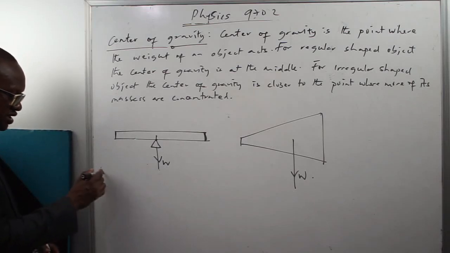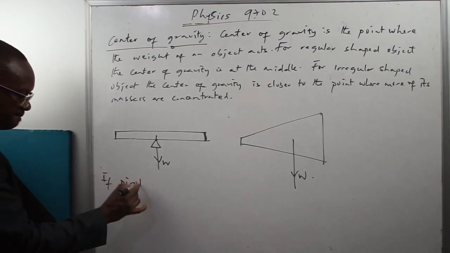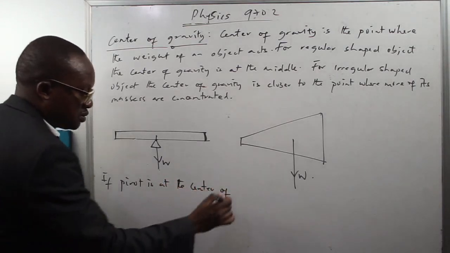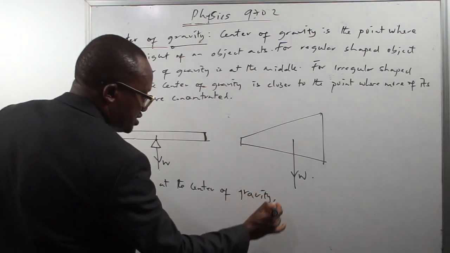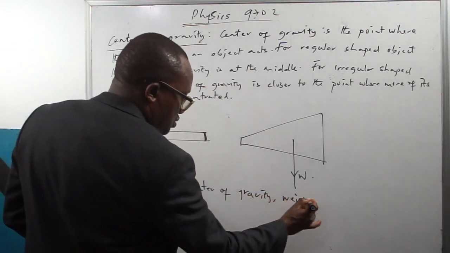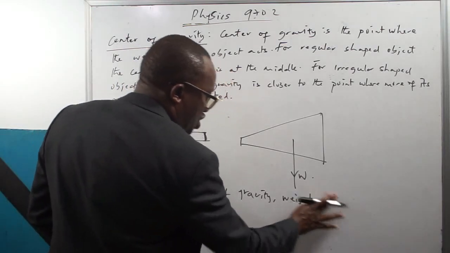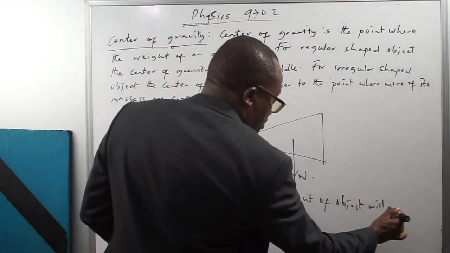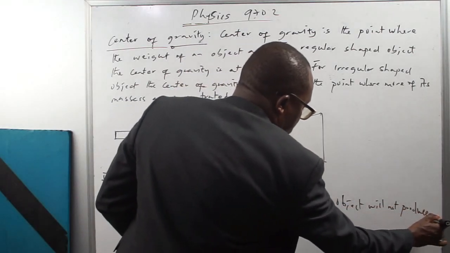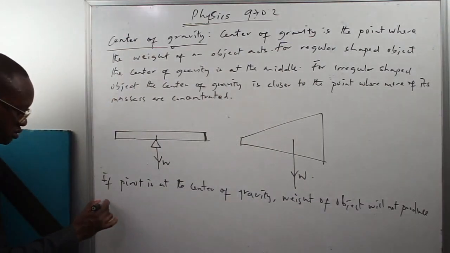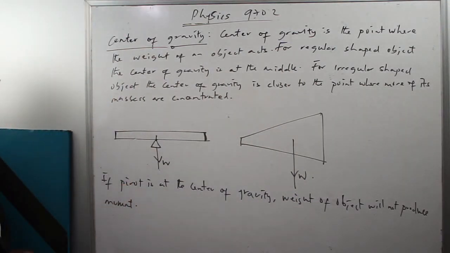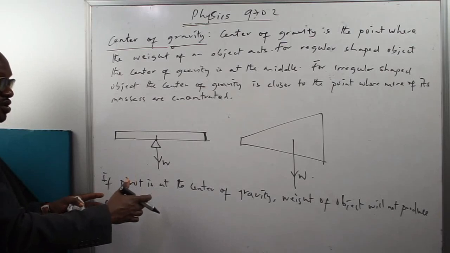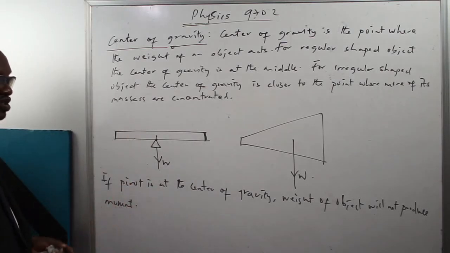So if the pivot is at the center of gravity, the weight of the object will not produce moment. Note that. It will be the other forces acting on the object, or the other weights acting on the object, that will produce a moment.